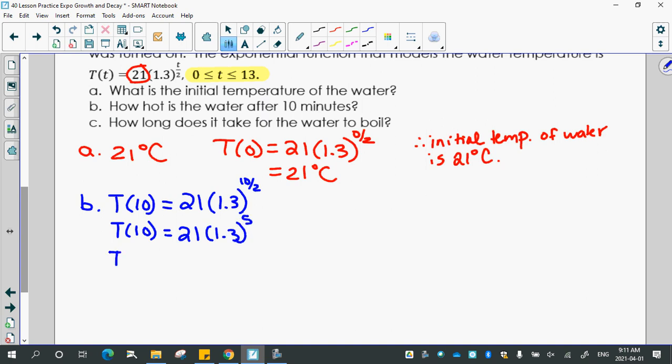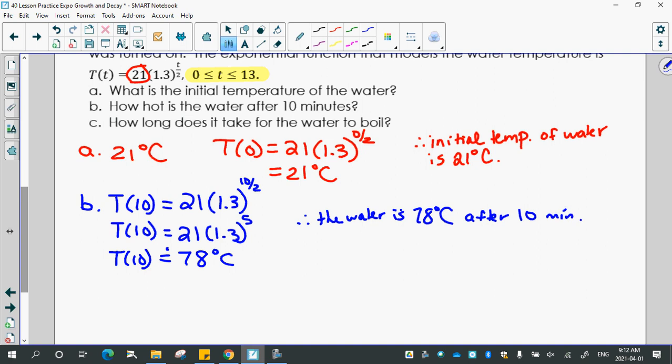And then you put that in your calculator and see how hot the water's got at 10 minutes. Yeah, approximately 78 degrees Celsius. So therefore, the water is 78 degrees Celsius after 10 minutes.